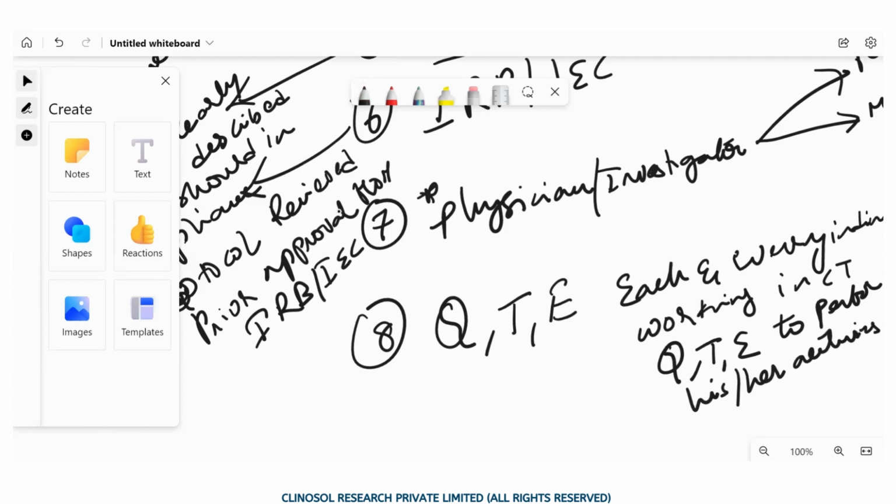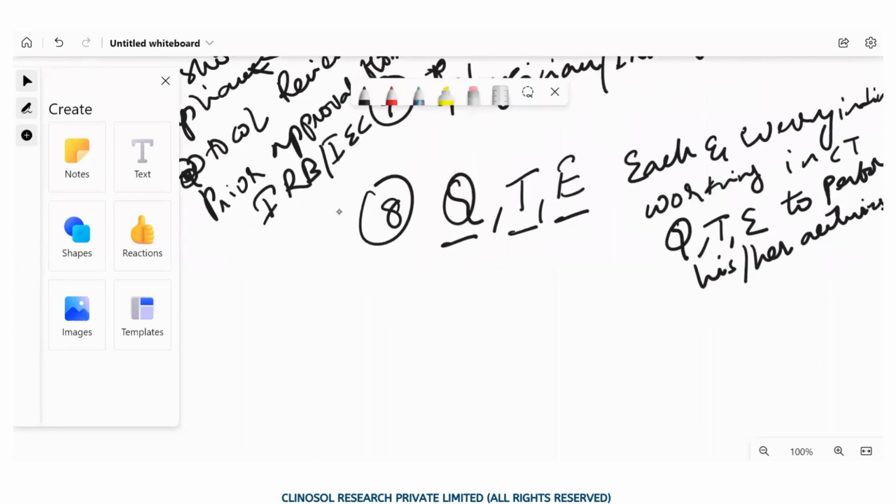So anyone who wants to work in clinical trials should be appropriately qualified with qualification, trained with certification of training, and then have experience to perform his or her activities. So the principle looks like this: each individual involved in the conduct of a clinical trial should be qualified by education, training and experience to perform his or her respective tasks.